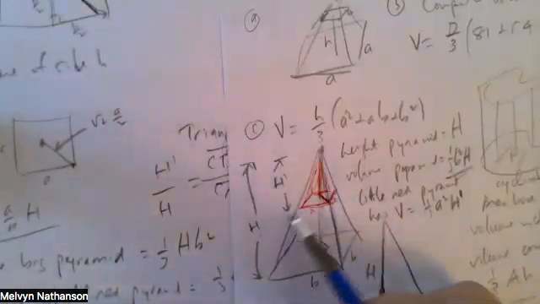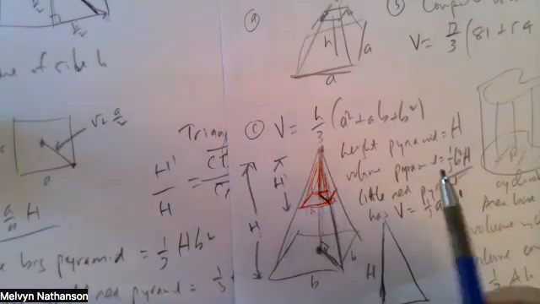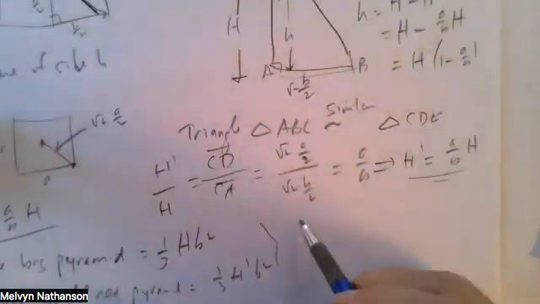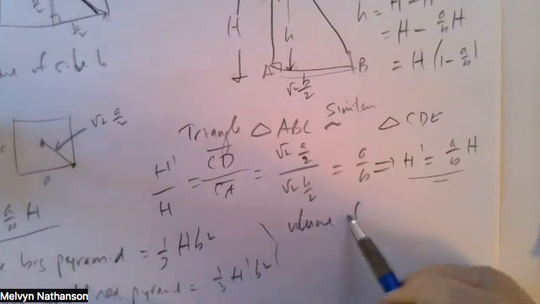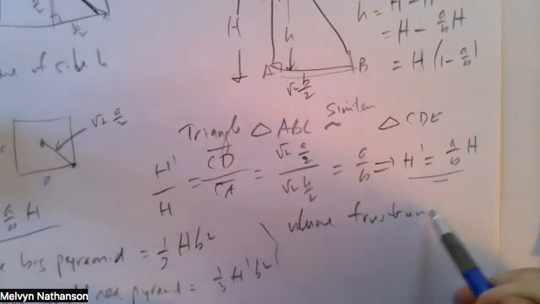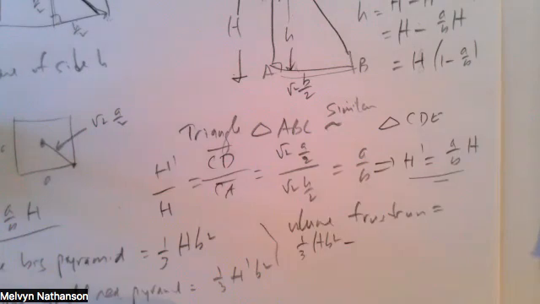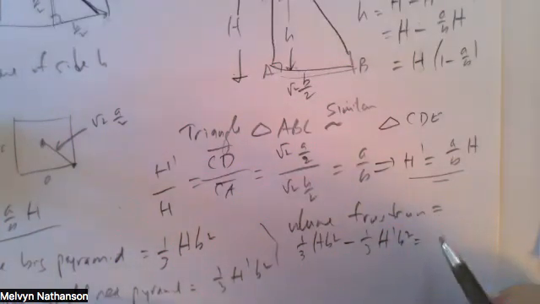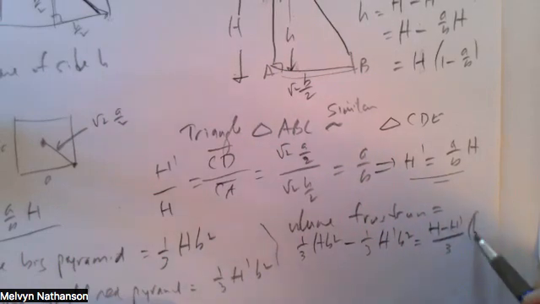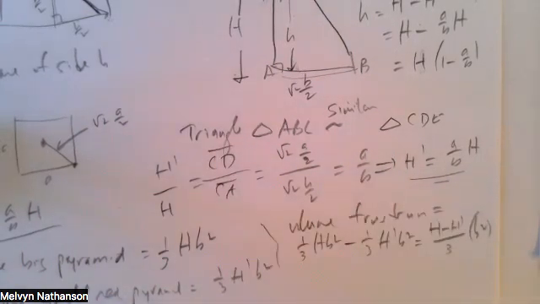If I take the big pyramid and chop off the top, I'm left with the frustum. The volume of the frustum, which is what I want to figure out, is the whole volume, 1/3 H B squared, minus the little volume, 1/3 H prime B squared, which is capital H minus H prime over 3 times B squared.